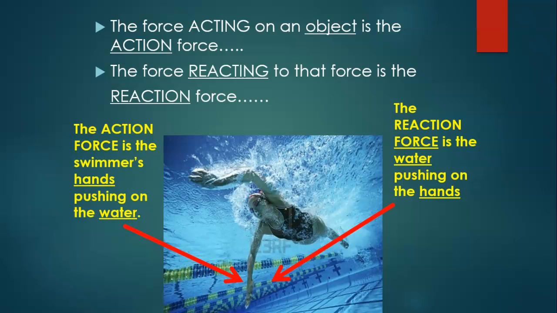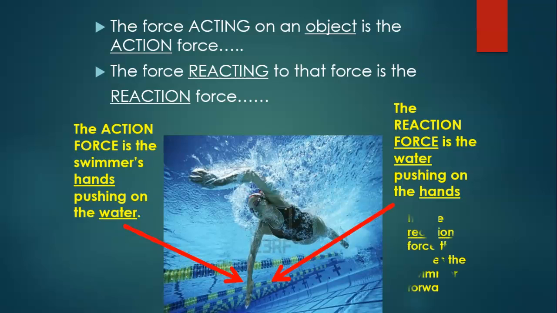The action force is the swimmer's hands pushing on the water. As the swimmer's hand moves through the water, the hand pushes on the water. The reaction force is that the water is pushing back on the hands. Okay. So the hand pushes against the water, the water pushes back against the hand.